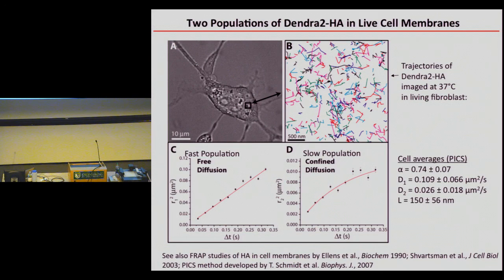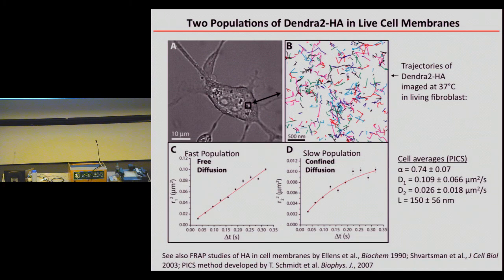And it turns out when we analyze these trajectories that there are actually two different populations, one of which is seeming to go in a free-like diffusion with a mean squared displacement that's proportional to time, and another population that's moving much more slowly.